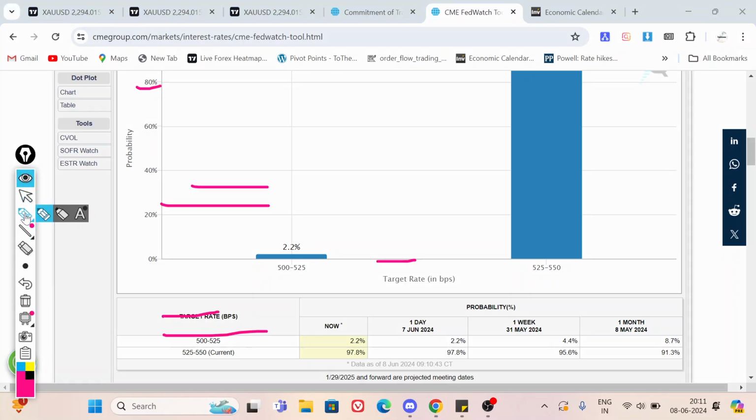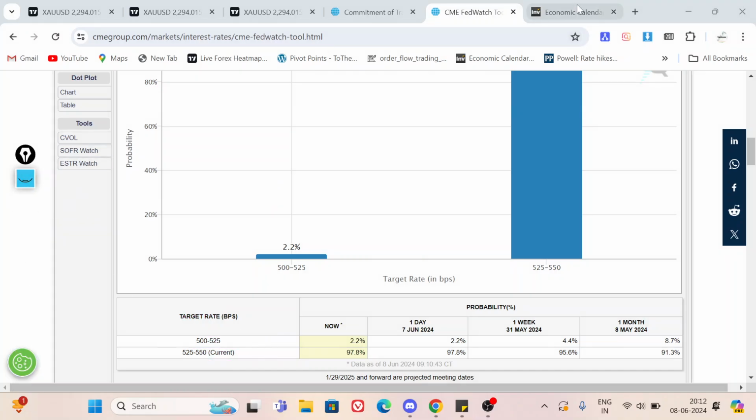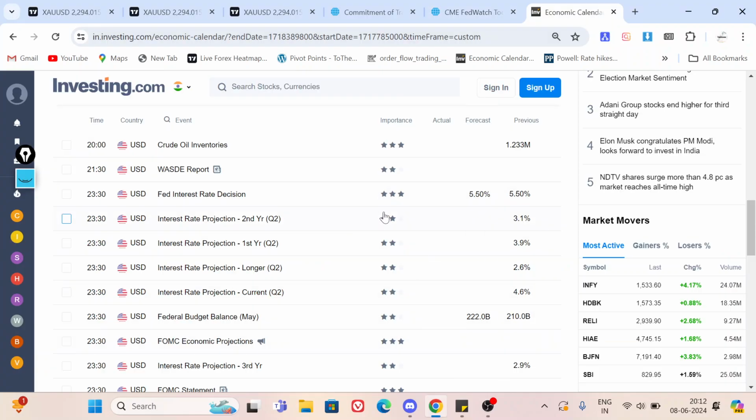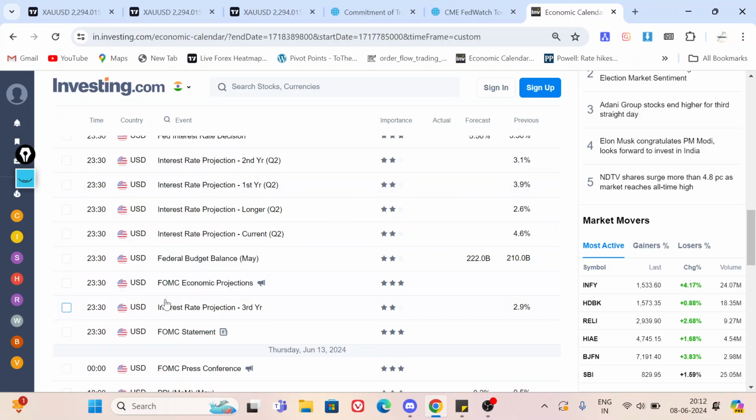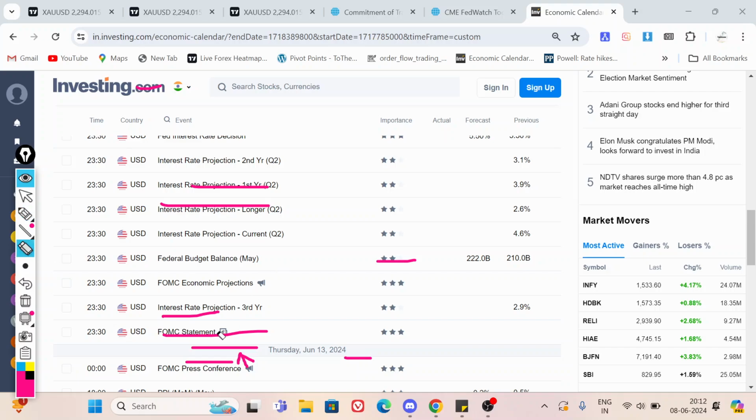You can see there is a 97.8% probability that the Fed is going to maintain the current rate. So this is the major and most important data that we have to watch, and how gold is going to react to that. Another important data is the FOMC economic projection that we have to watch.